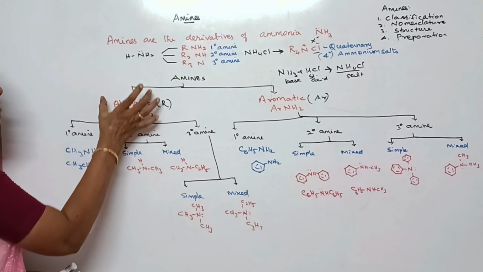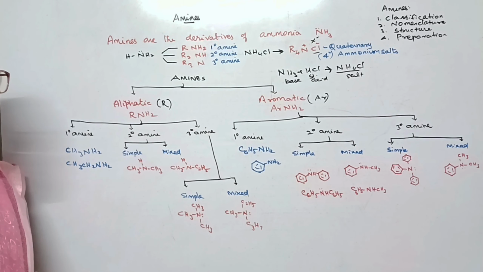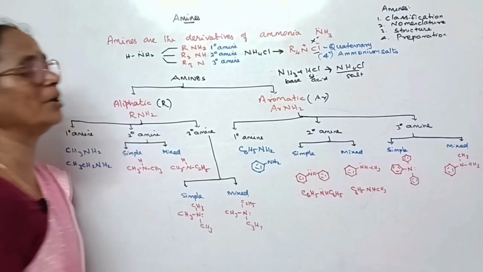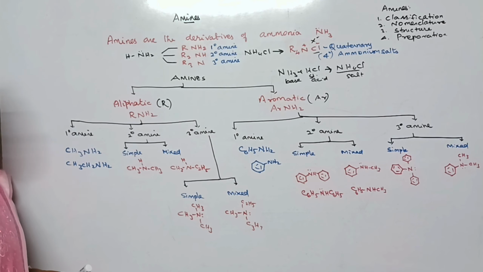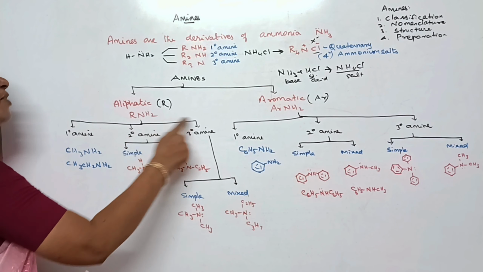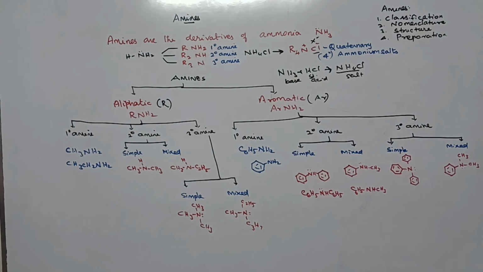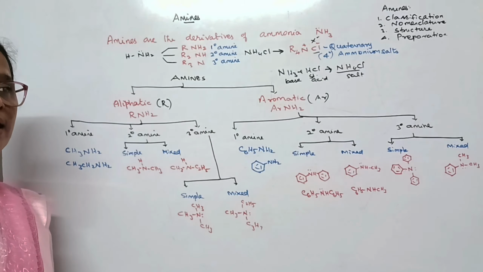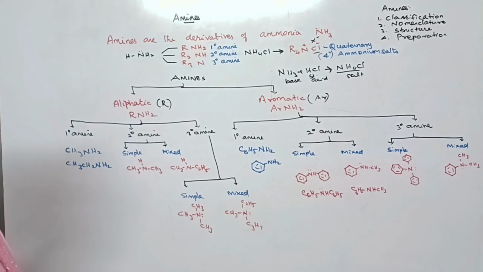Generally aliphatic amines are represented as RNH2 and aromatic amines as Ar NH2. And aliphatic amines can even be further classified into primary, secondary, tertiary, depending on the number of alkyl groups attached to the nitrogen atom.